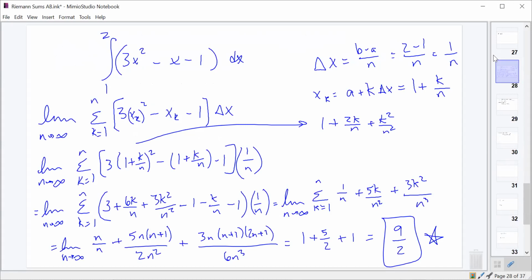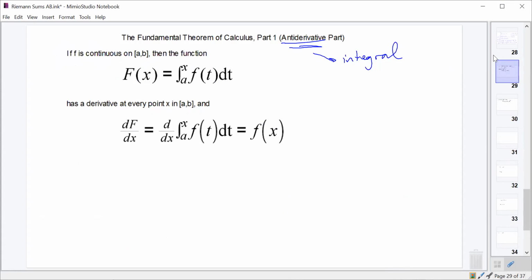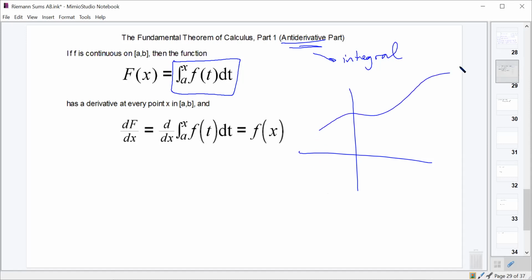But that's not all that antiderivatives or integrals are about. Sometimes they are about finding a function that represents the area underneath the curve for any certain range of values. So ignore everything that's written up here for now, except for this. Suppose I have some function f. Okay, and there's my function f. This thing right here says the integral from a to x of f of t dt.